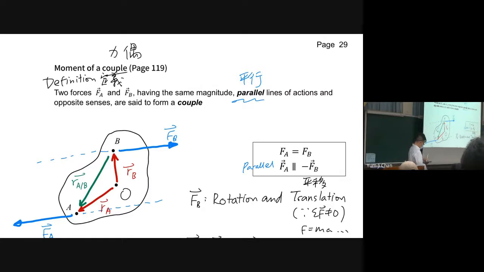We have two forces, FA and FB, and they have the same magnitude, their lines of action are parallel, and they are opposite to each other. One is going to the right and one is going to the left. These two forces form a couple. So a couple has two forces, okay?